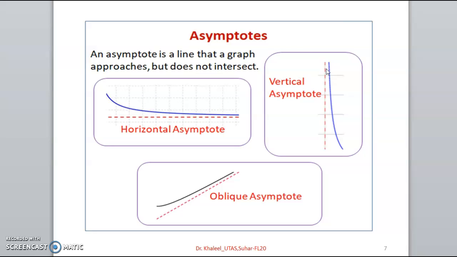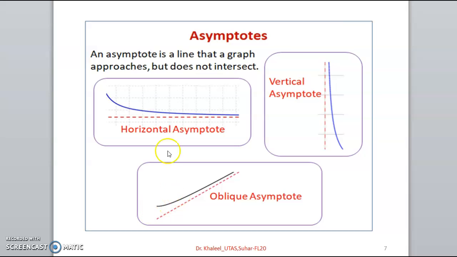If they touch, it becomes a tangent. Please remember, the opposite of an asymptote is the tangent. If they touch, it is a tangent. If they are very close but not touching, then it is an asymptote. Here the line is vertical, therefore it is known as a vertical asymptote. Horizontal asymptote and vertical asymptote.